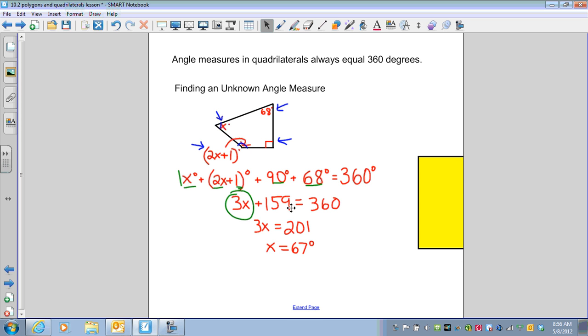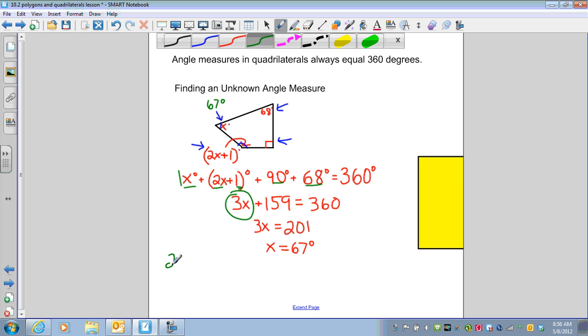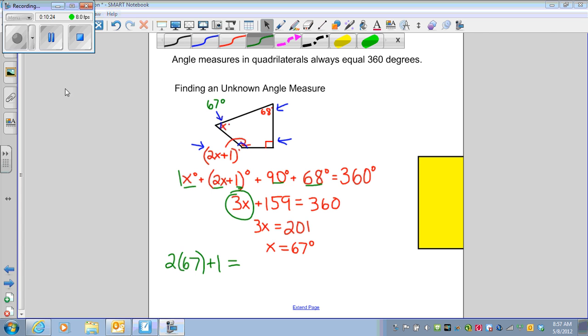So we subtract 159 from each side, leaving us with 3x equals 201, and then x equals 67 degrees. So we can go back and say this angle here is 67 degrees. And the second angle is going to be equal to 2 times 67 plus 1, which is going to equal 135.